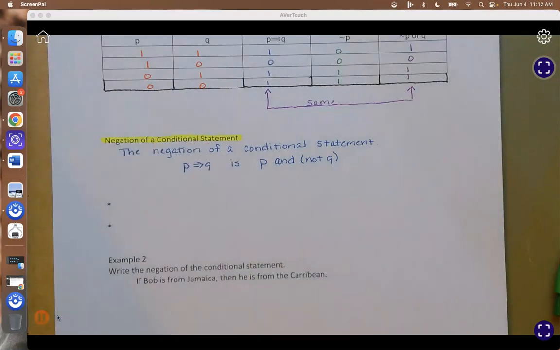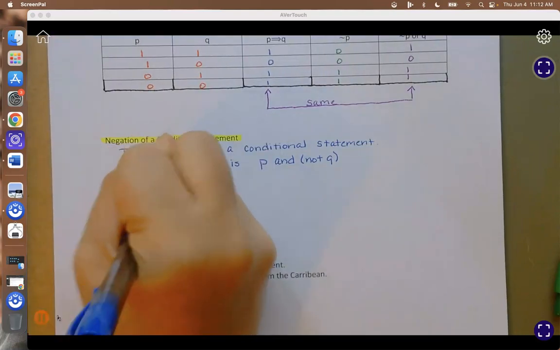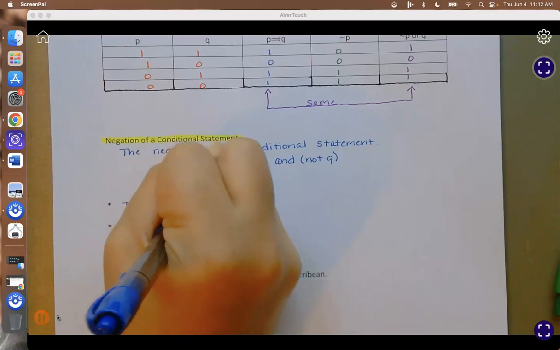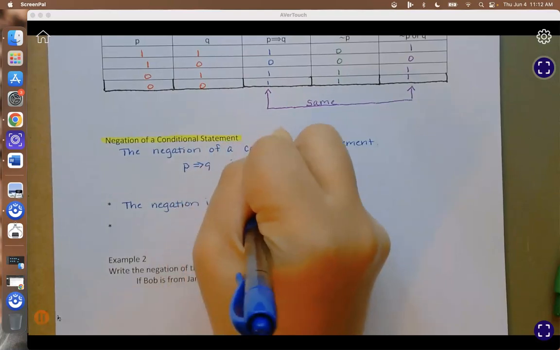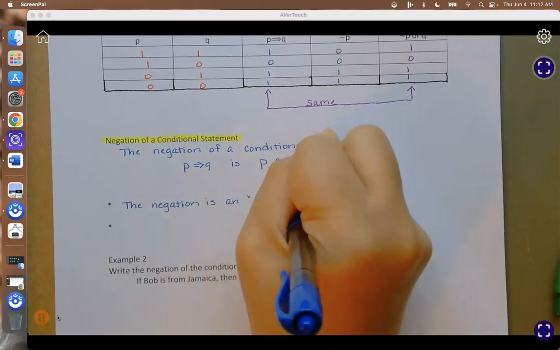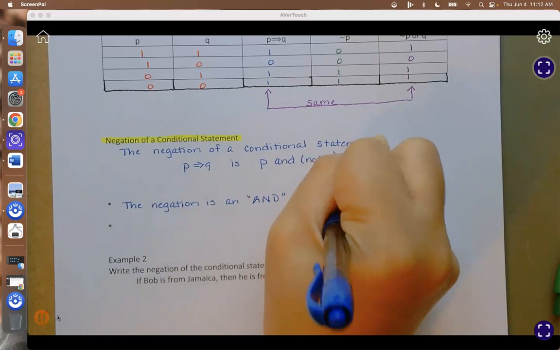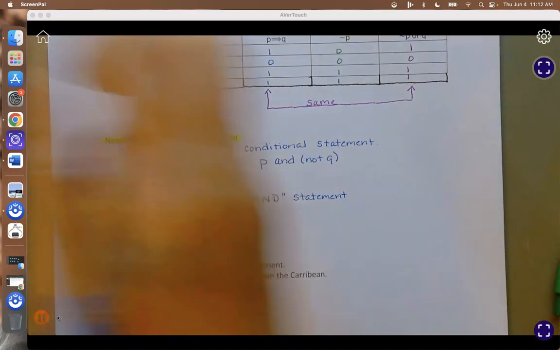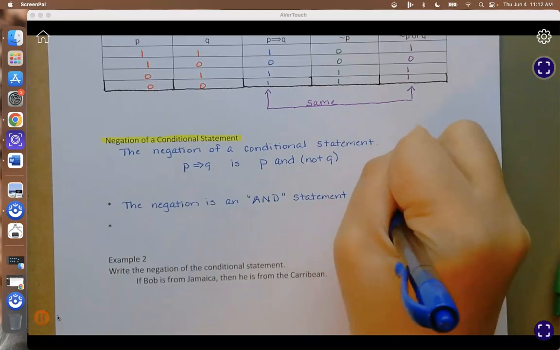Okay, so what you need to remember here, the negation is an and statement, not another conditional.